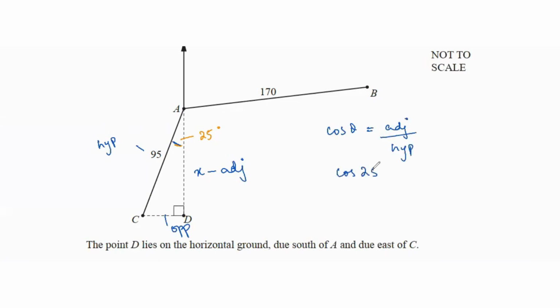Cos of 25 equals x over 95, so x is 95 times cos of 25. And that is 86.09 meters. Correct to 1 decimal place, it's going to be 86.1.